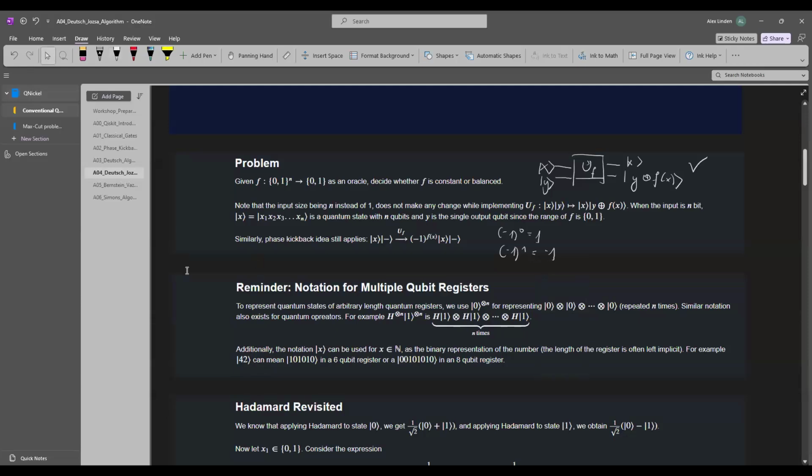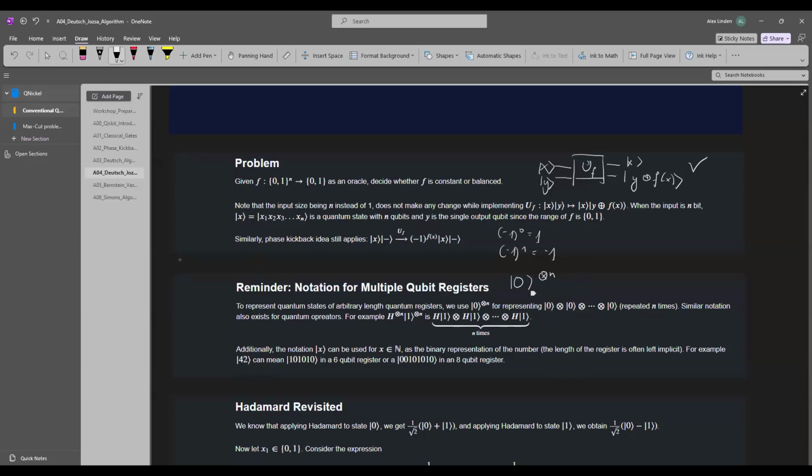Now we need to represent the quantum states of an arbitrary length, the arbitrary length being n. And this is the standard notation that you will see in the literature. So essentially you can think of it as a sort of power, but for the tensor product.